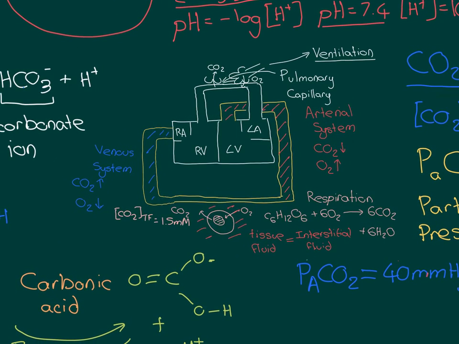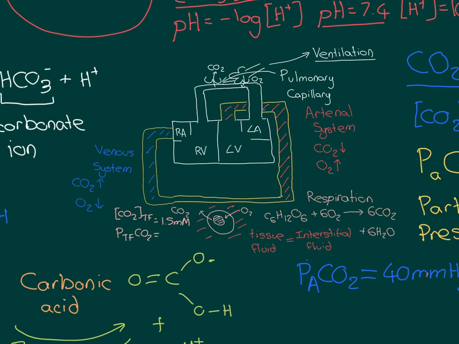So this is a bigger number, okay? It's a higher concentration of carbon dioxide in tissue fluid at the peripheral tissues than it is in the blood that is coming from the arterial system here. Now let's just practice using partial pressures rather than absolute concentrations. So if we wanted to do this in terms of partial pressure, we could say that the partial pressure of carbon dioxide in the tissue fluid is, so a bit of maths now, what partial pressure would we need in order to get this concentration?